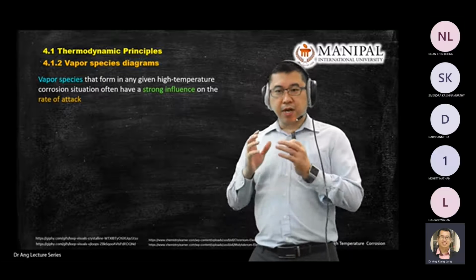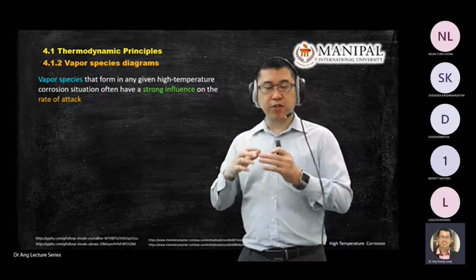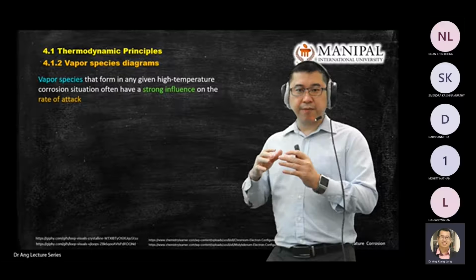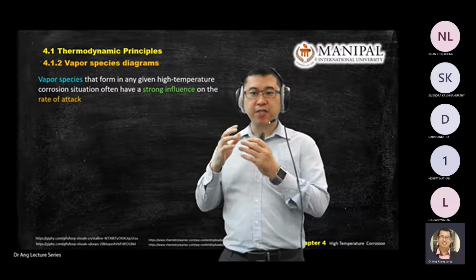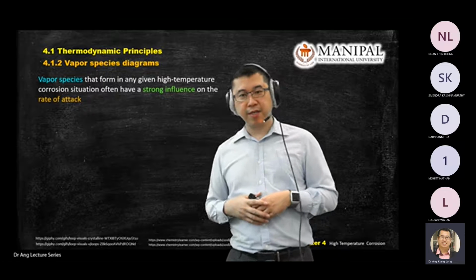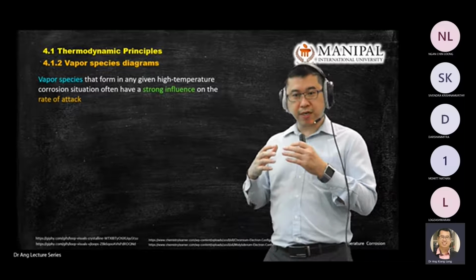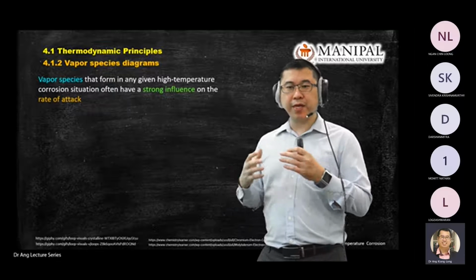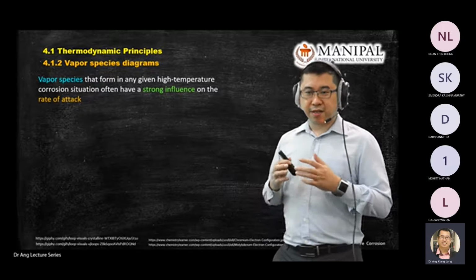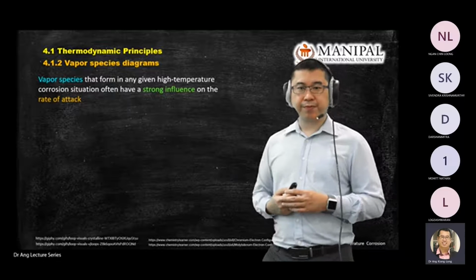High temperature corrosion has already happened, meaning corrosion is already there. But with the vapor species, they increase the corrosion rate. They will dominate the high temperature corrosion rate.